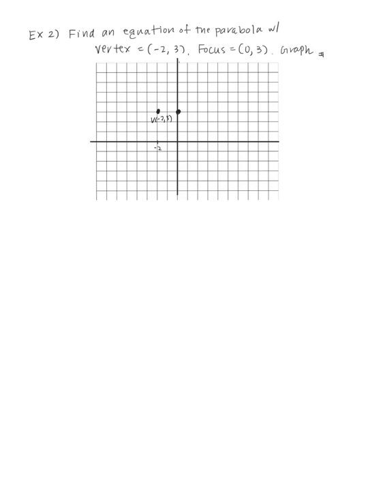So can you tell already which way the parabola is going to open? Remember, the focus must sit inside of the parabola. So in this case, the parabola is going to open towards the right. Let me just make myself a note of that.